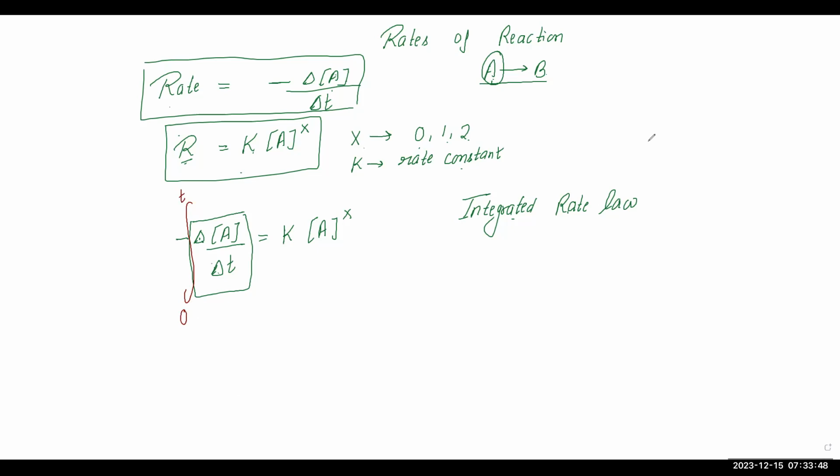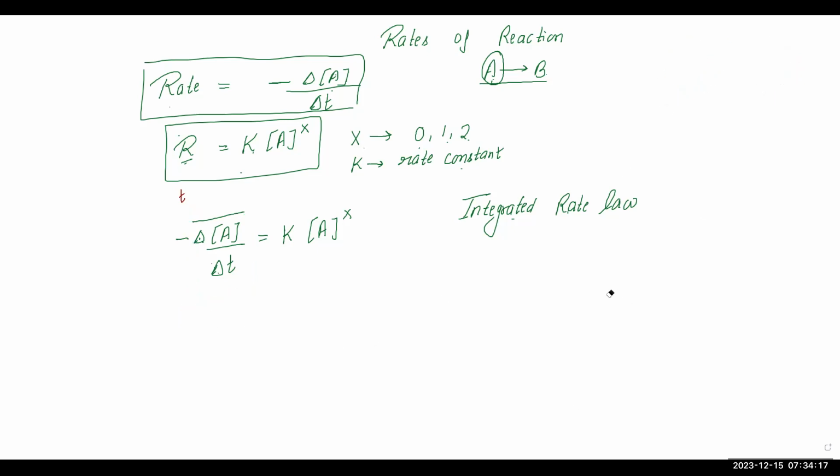For a differential like dx over dt, when you integrate dx, it becomes x, and dt becomes t, like this. There are some integration rules, calculus rules, which you can understand when you do calculus. If you are already doing it, maybe you are aware of it.